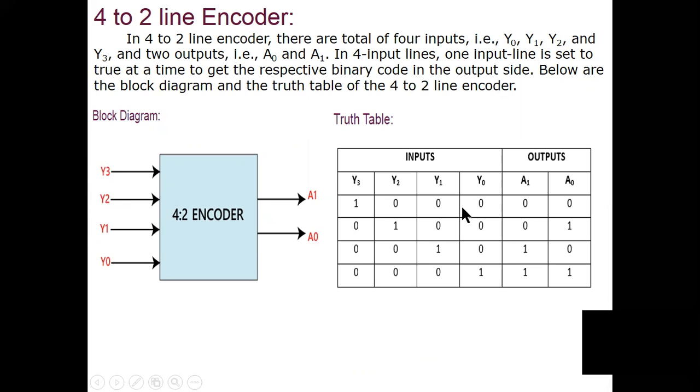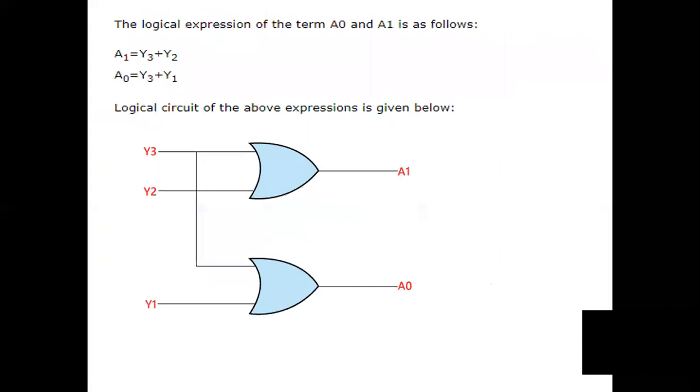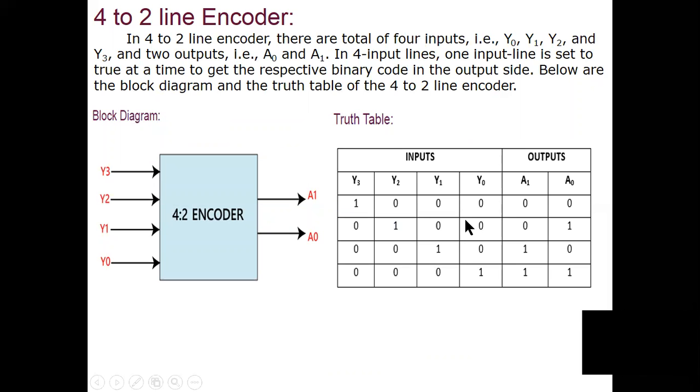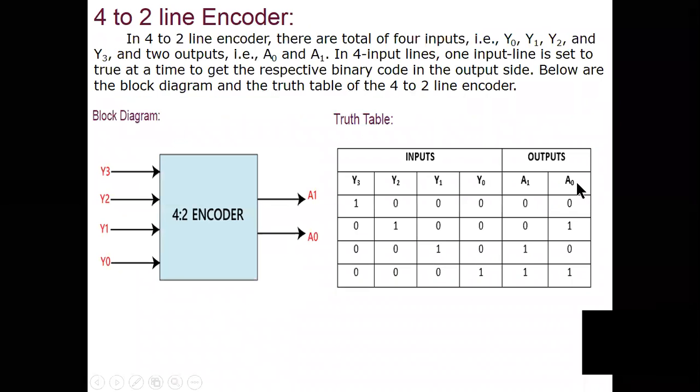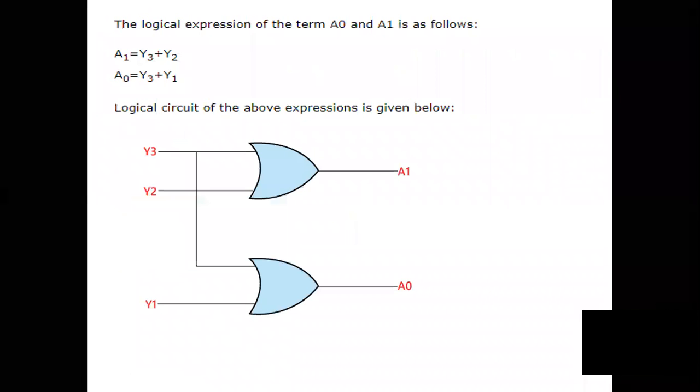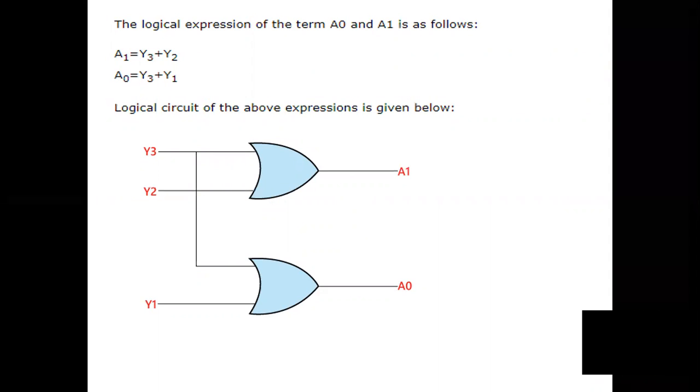So this is Y3. 0 1 0 0 means so this is the 4 to 2 line encoder, and this is the logic diagram, the logical circuit for the above expression of your encoder.